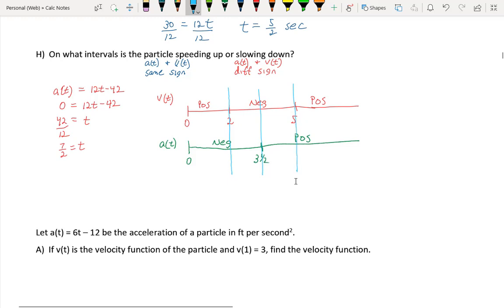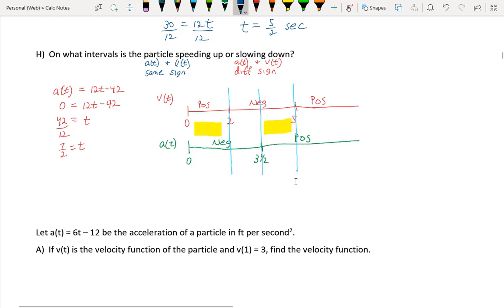Okay, so you can see in this section, all right, we're positive and negative. In the next section, we're negative and negative. But in the third section here, we're negative on top, positive on bottom, so we're different signs in those yellow sections, and we're same signs in the non-yellow sections. So that's what's going to separate and tell you whether you're speeding up or slowing down.